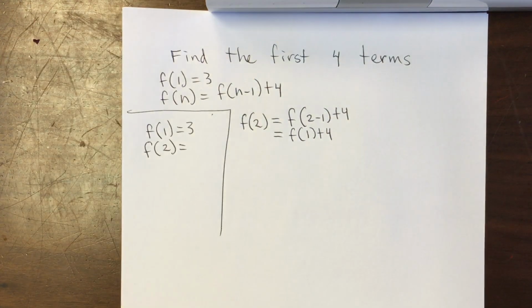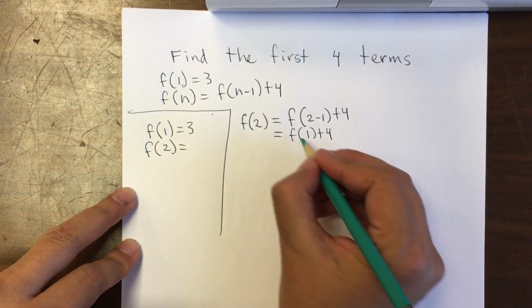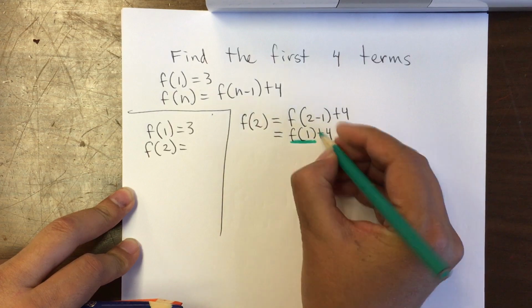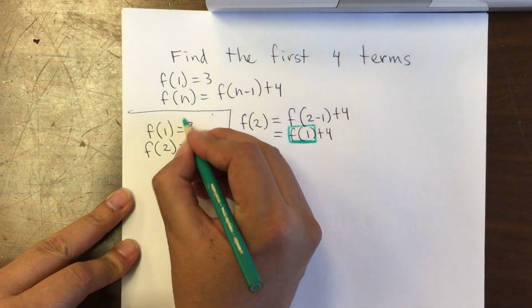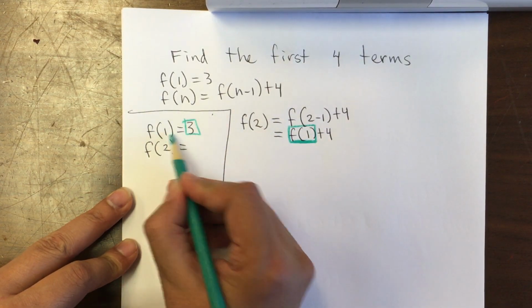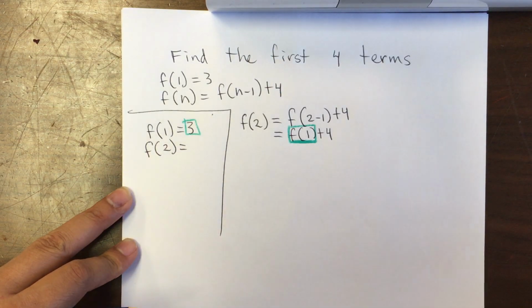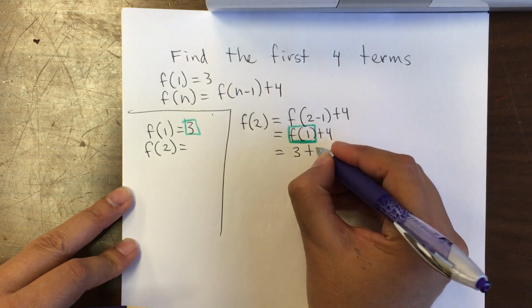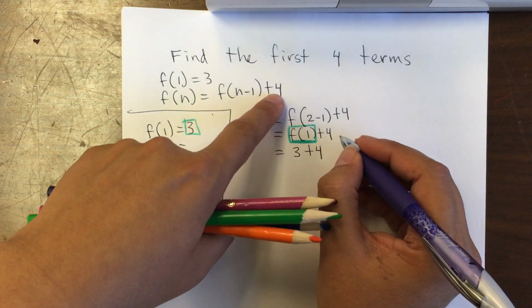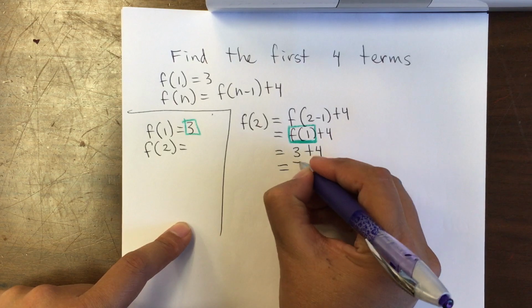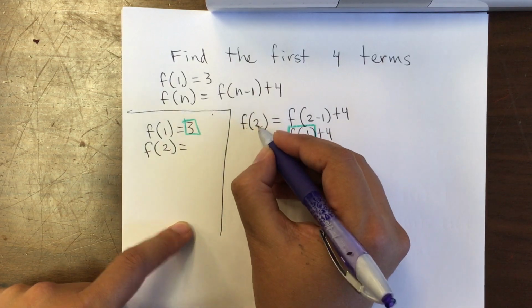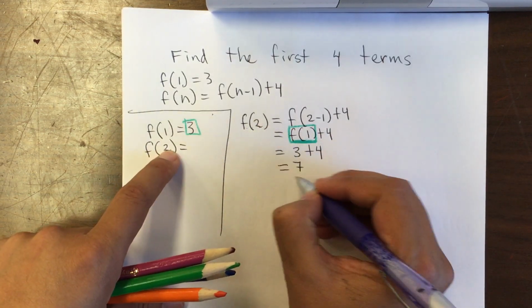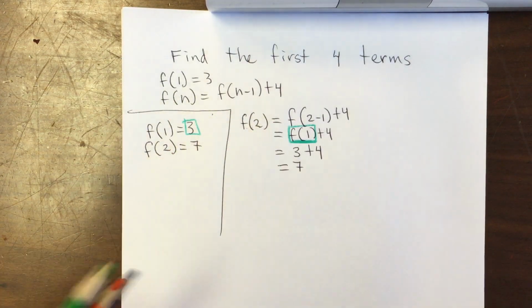So in here it says, look at the first one in the list. f of 1 is 3, so I replace it with 3 plus 4, which is the pattern, right? That equals 7. So f of 2 is 7.